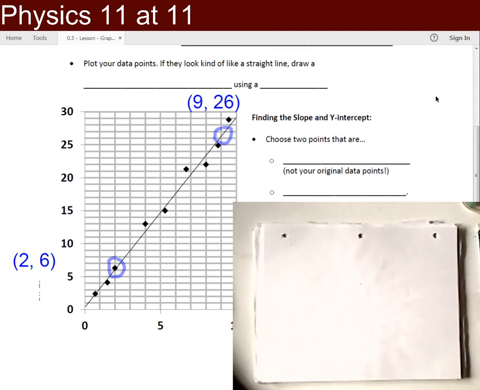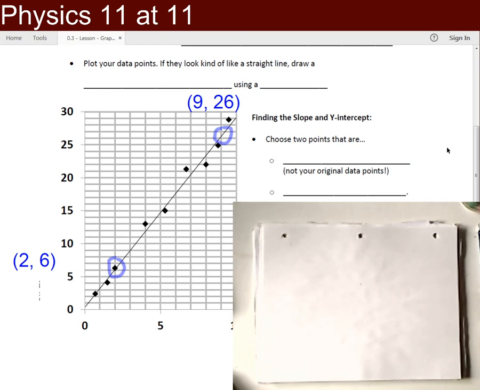Okay, and that's if you squint your eyes. Because I think if you look at this, these points here, yeah, these ones are pretty obviously a straight line. But if you do an experiment and you're not sure, give your eyes a squint, and if it looks more or less like a straight line, then treat it as one.